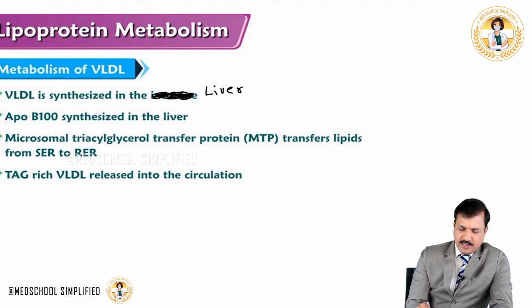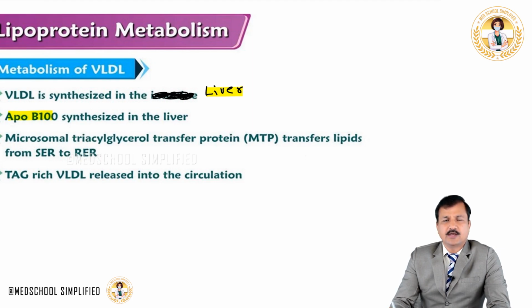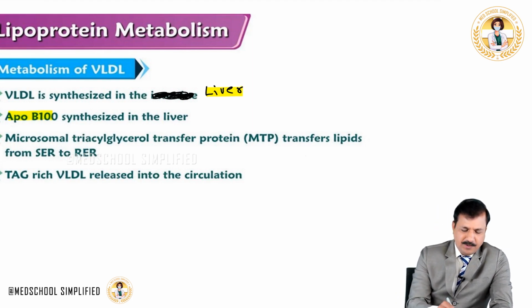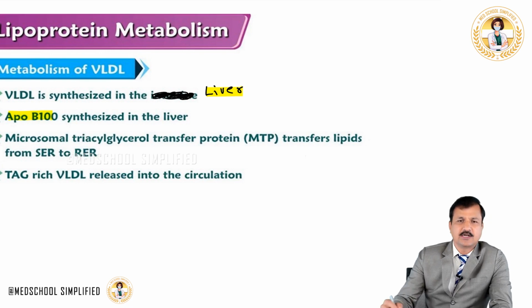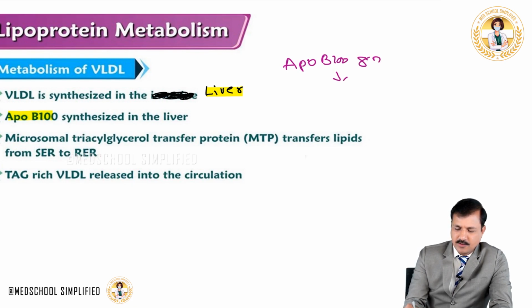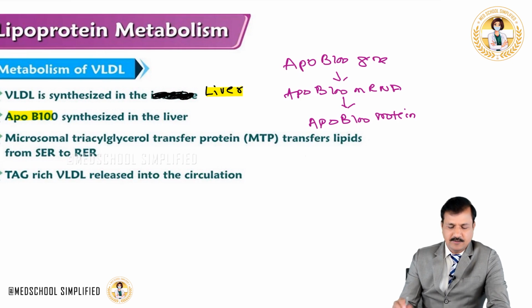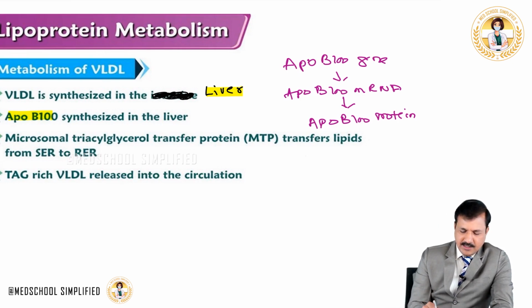To synthesize VLDL, there is a need of Apo B-100 synthesis, which is done using the Apo B-100 gene, which codes for Apo B-100 mRNA, and that mRNA codes for Apo B-100 protein, which is made in the liver and used in the synthesis of VLDL.